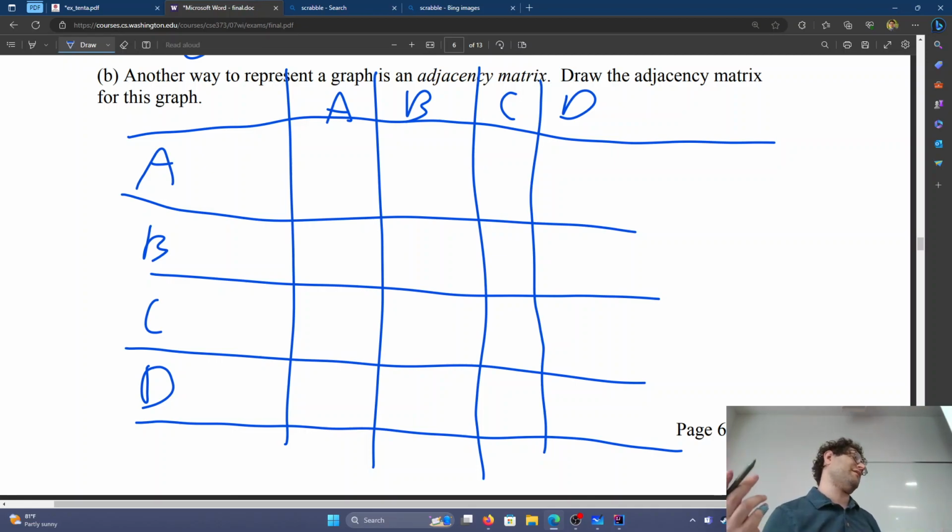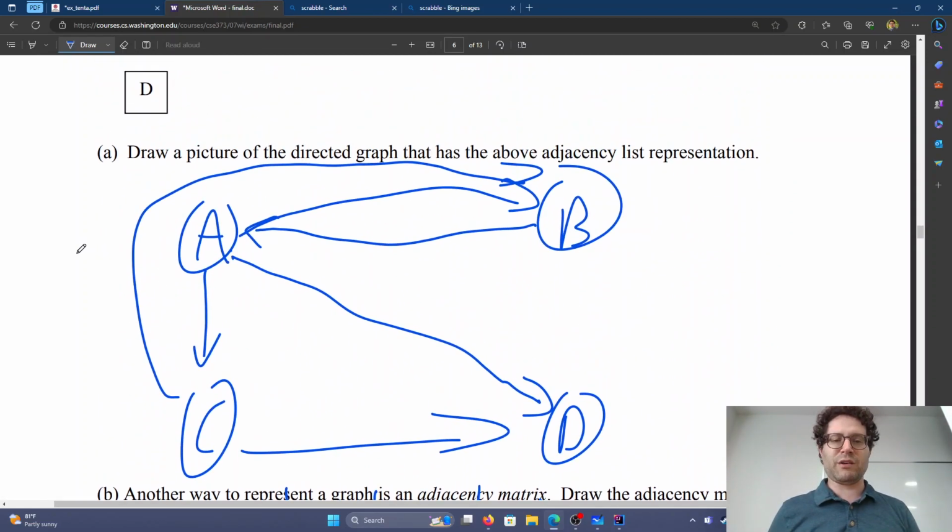If you're just using doubles as your weights, you can simply put in the actual value, but you can't use 0 anymore to say there's no edge. Instead, you'd probably use something like positive infinity, right? Yeah, you can go from A to B. It just costs you an infinite amount of cost, right? Another way you could do that is have edge objects and then have nulls. But for simplicity's sake, it's ones and zeros.